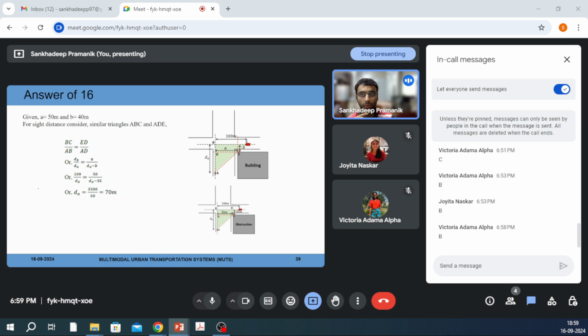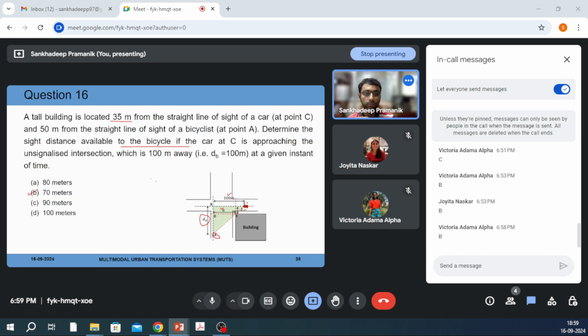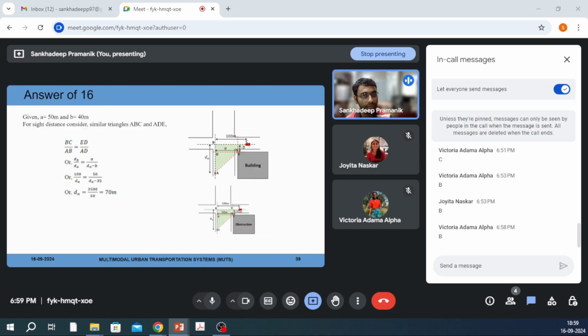70 meters. There is a car approaching this intersection from this side, and there is a bicycle at A which is also approaching this unsignalized intersection.